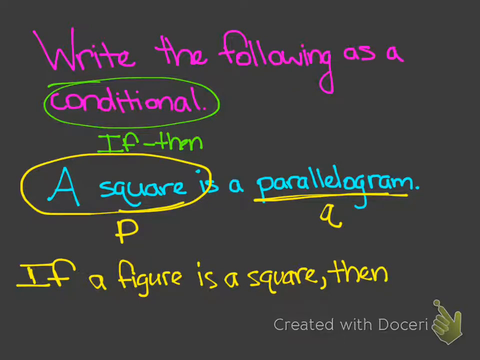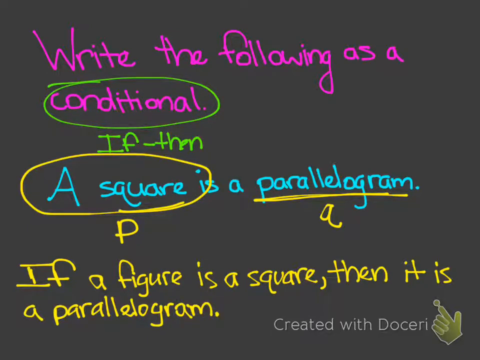Then it is a parallelogram. Now, if you stated yours a little bit differently, that is okay, as long as the first part has something about being a square, the second part has something about being a parallelogram. Okay, so you can see we're still using square in our hypothesis, we're still using parallelogram in our conclusion. We just added a few words to make it sound good.